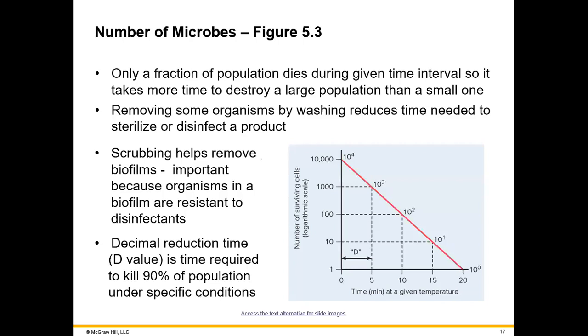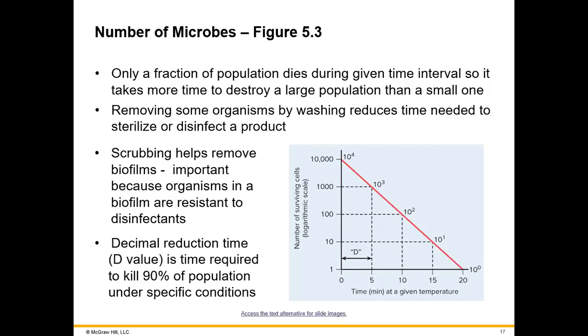So the point that I alluded to a couple of minutes ago, how heavily contaminated the material is, is an important consideration. Why? Because the way that microbes are killed is represented in this curve.